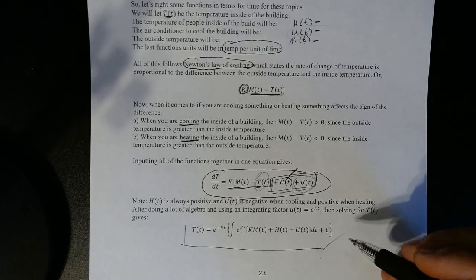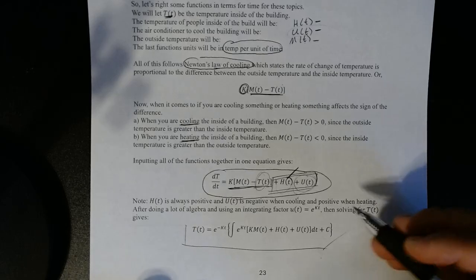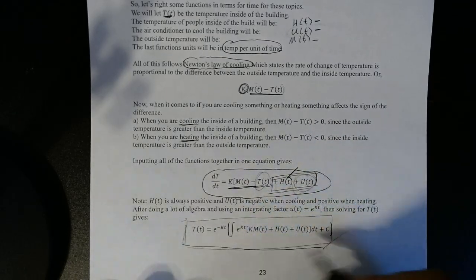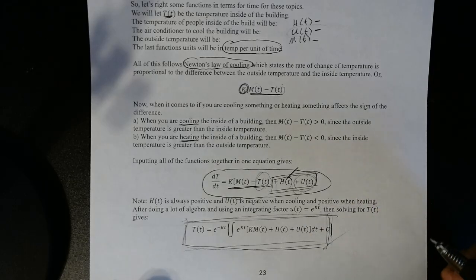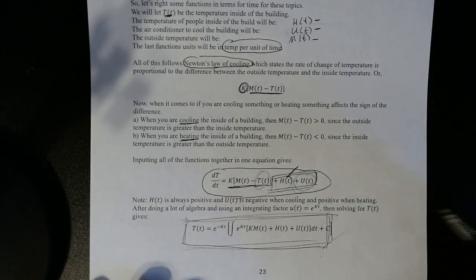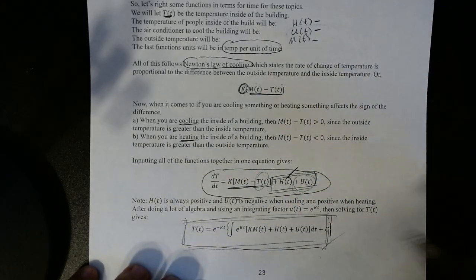That's our general equation for heating or cooling, in other words, the temperature inside a building or inside an object, like a liquid, based off everything else around us. Now, how in the world does it actually come into play? That's a great question.